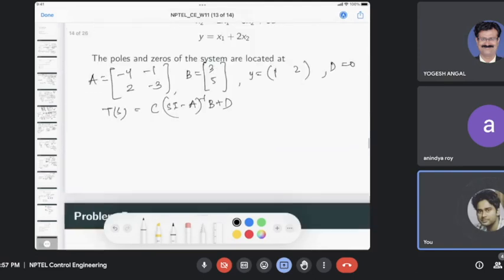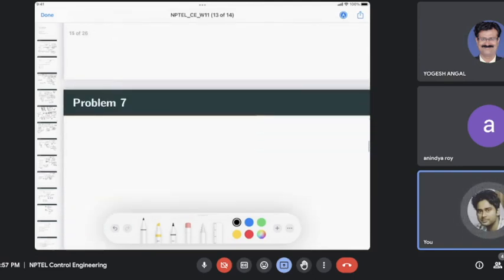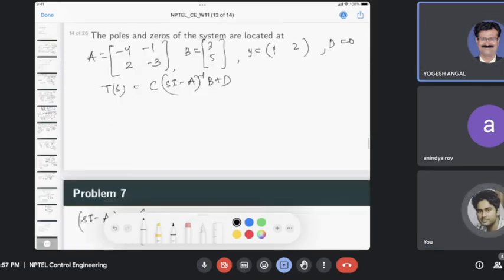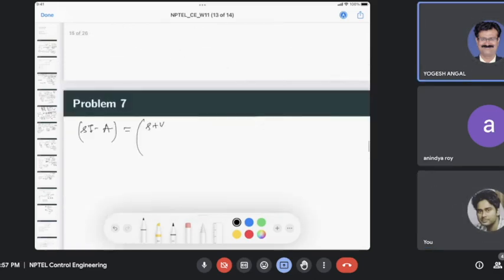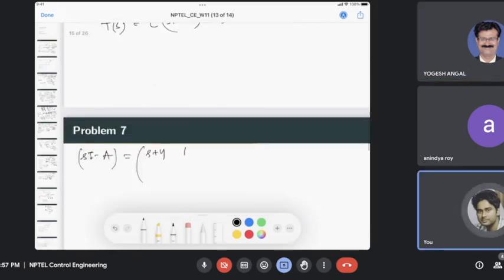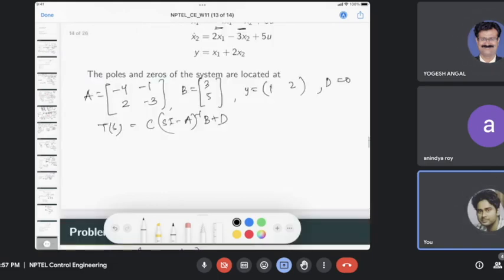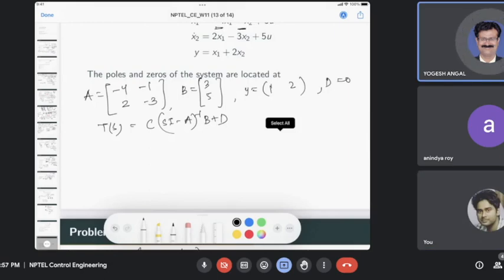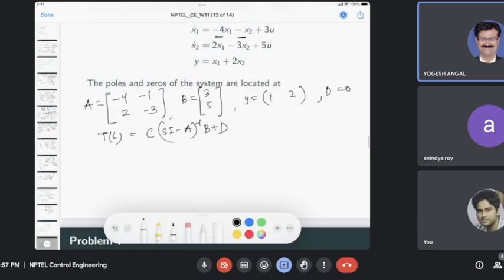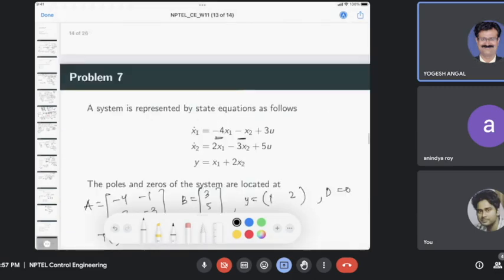First we will write sI minus A. It will be S plus 4, 1, minus 2, S plus 3. The determinant of this, it's correct, right?